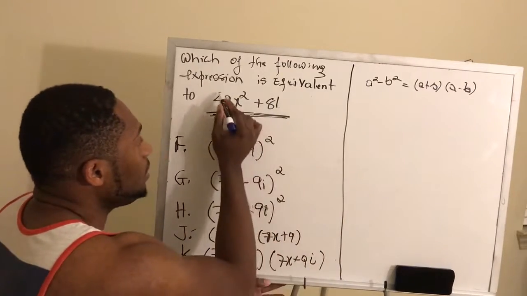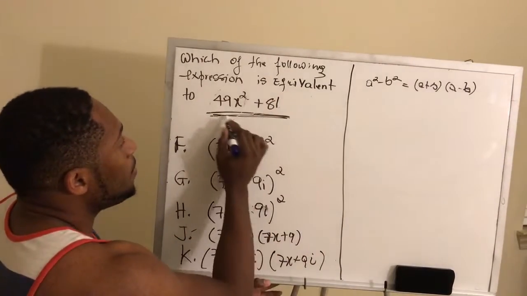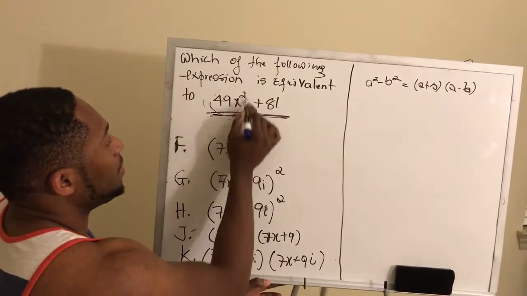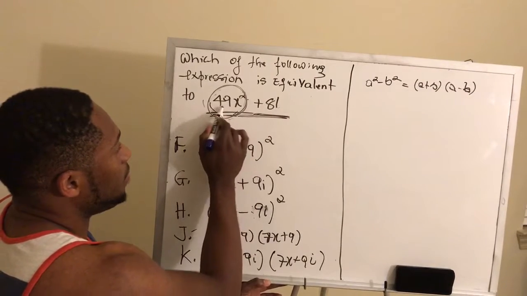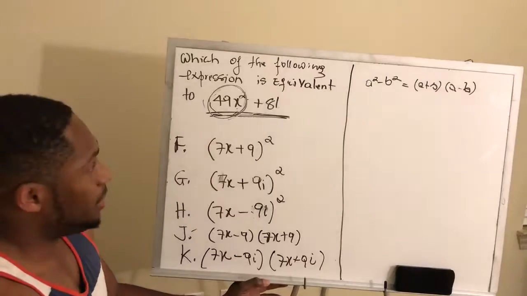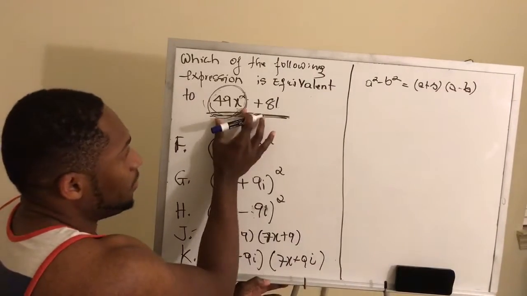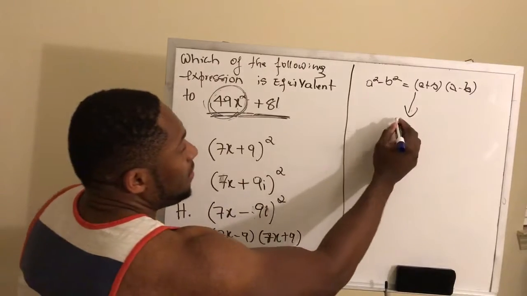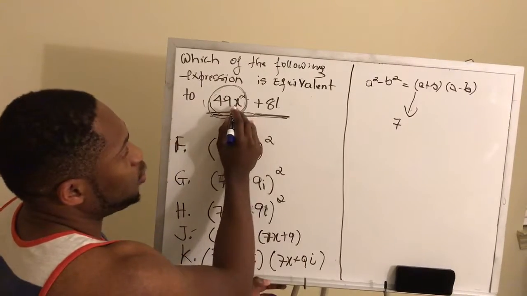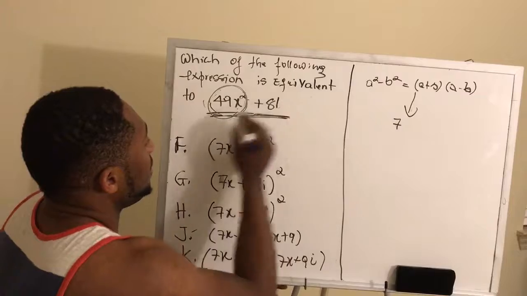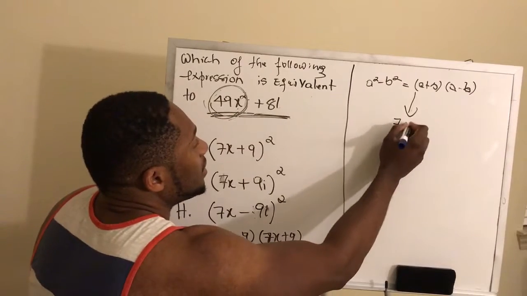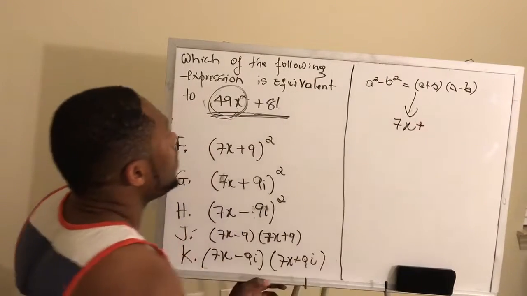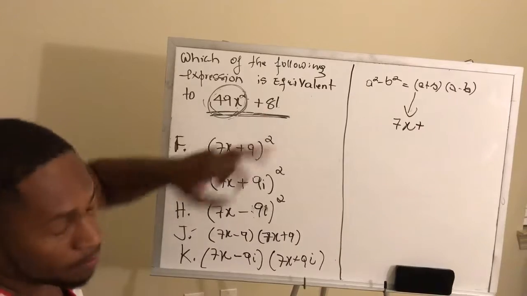So think about here. We want to make this part 49x squared. It's like we're taking the square root of the first part. So we want the a here, which is 7x, plus b, 81.